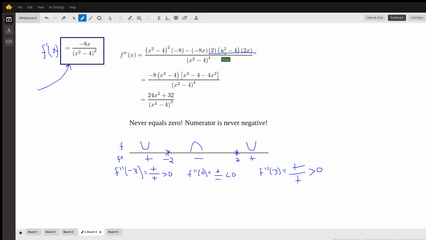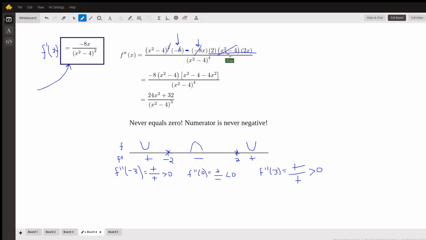And then notice that every term contains a factor of -8 and a factor of x squared minus 4. So if I pull out a -8 and an x squared minus 4 from this first term to the left of this minus sign, there'll only be an x squared minus 4. To the right of the minus sign, I pulled out a -8 and this x squared minus 4.